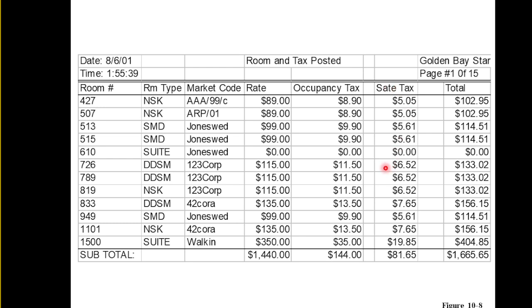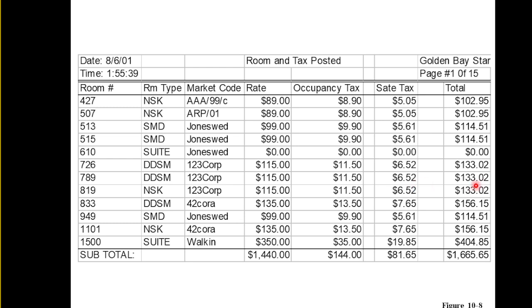Then we have the total. This means the total charge posted to the guest folio. Okay, when you inform the client when they will be leaving the hotel, folio basically means when the guest will check out. So these are the things that are going to be posted in the folio.